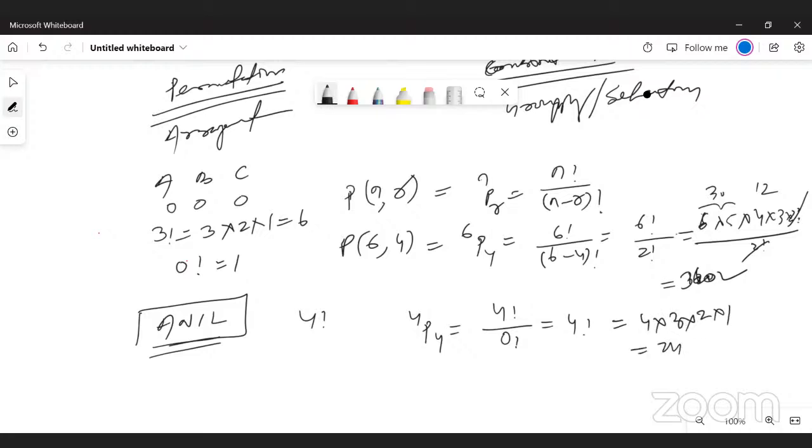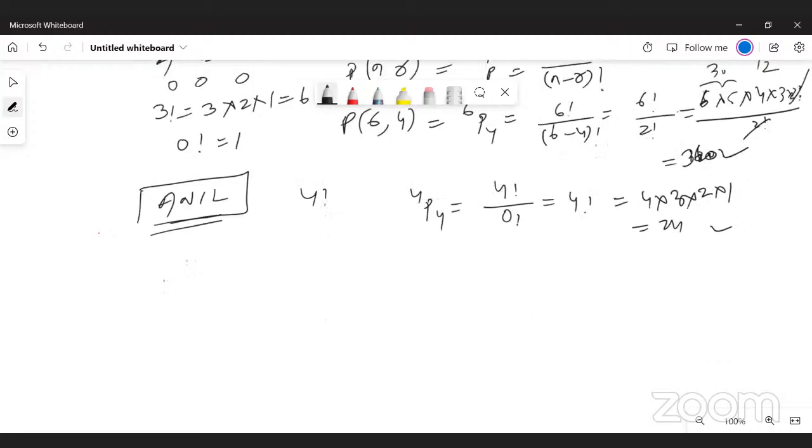Now suppose I write APPLE, and we arrange it. How many letters are there? 5 letters: A, P, P, L, E. But we cannot do 5 factorial here.